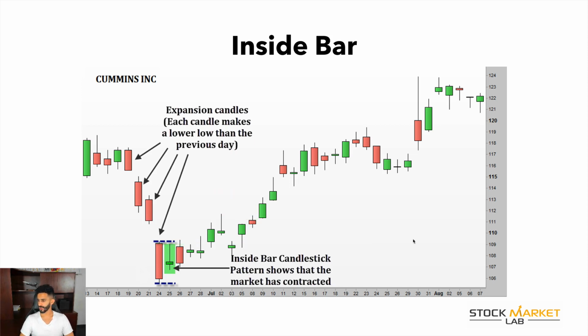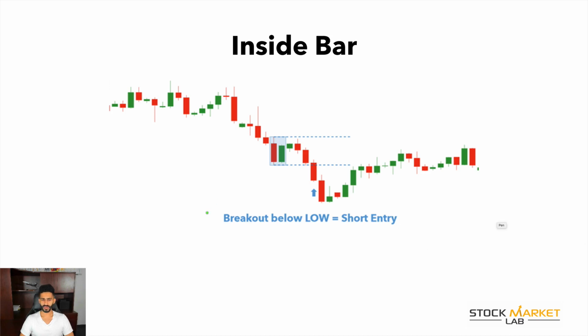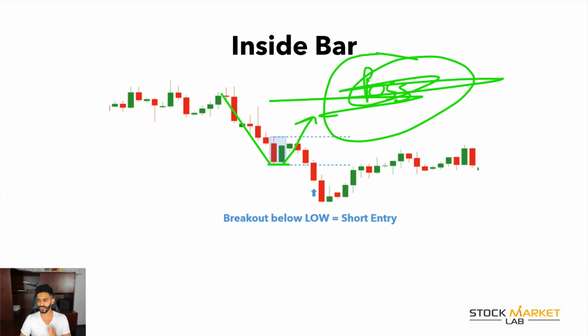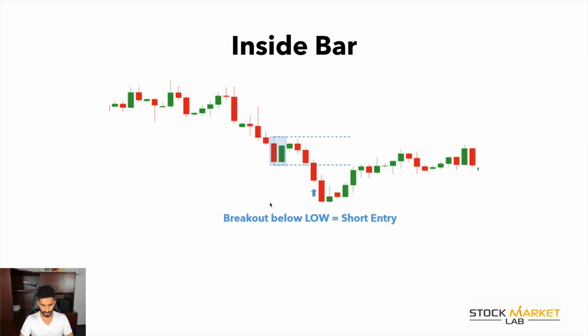Now, if you look at one more example, inside bar, you can see the stock goes on a downtrend, we get an inside bar right here. What this inside bar once again represents is that the stock may possibly go up. Not 100%, possibly. Only, remember, if it can break that point.